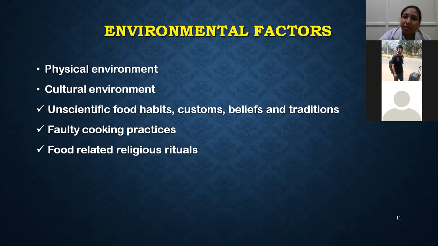Even though we are having food, we do not take it. Even some people follow strict vegetarian diets, they do not take even egg or milk also. So that is again prohibiting protein intake.